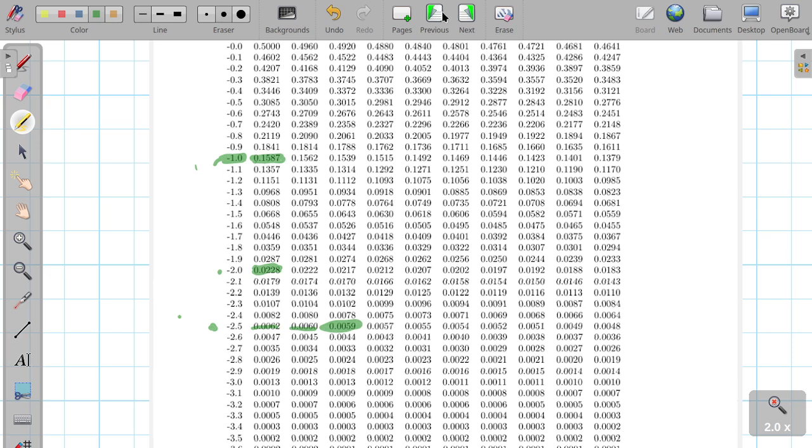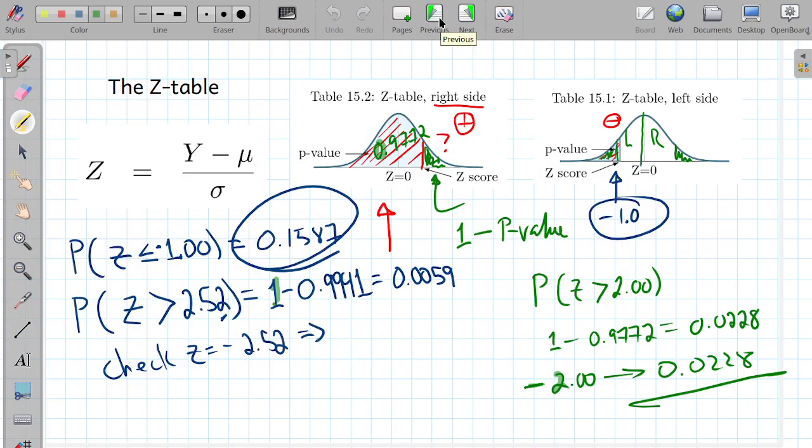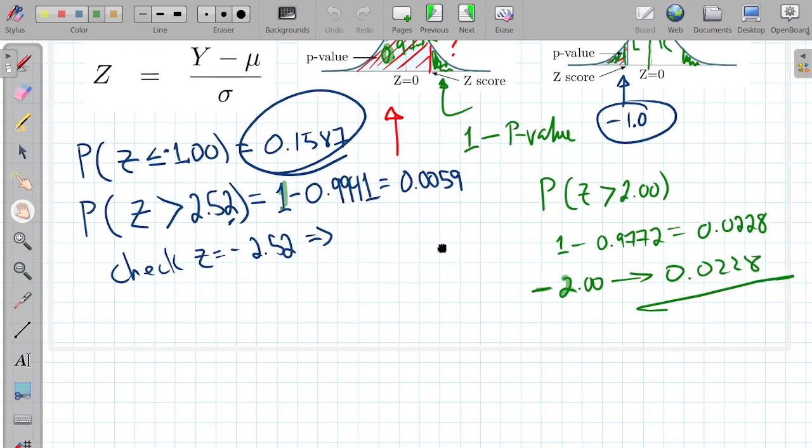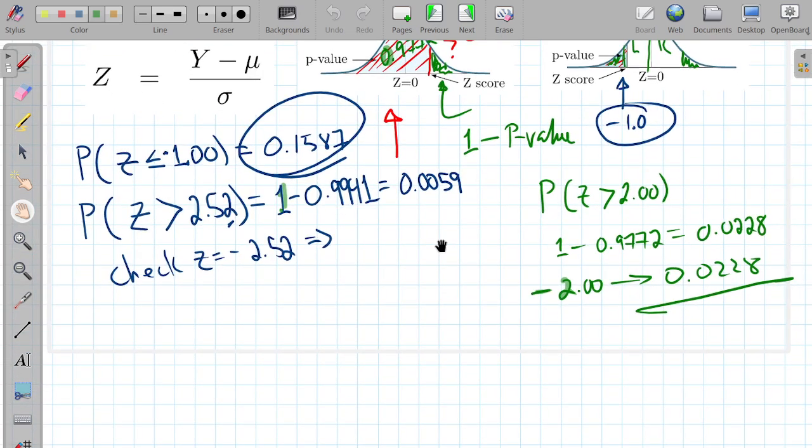Let's not move on too far. I want to do something else here. Now, here's a more complicated one, and you will get this question on homework and on exams.